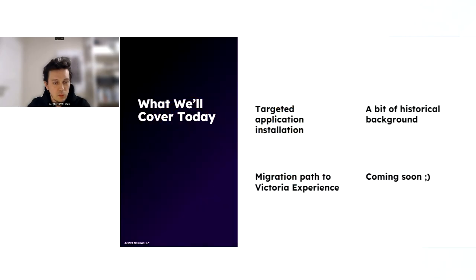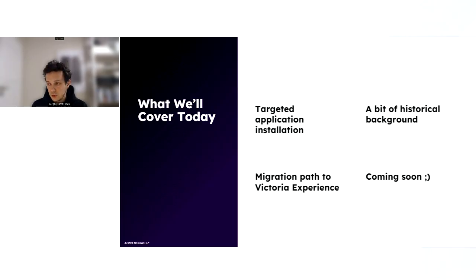The things that we'll cover today are the feature itself and a little bit of historical background as to why we are building this, what's the story behind this feature being built. We're aware that it's a blocker for many of our customers migrating to Victoria Experience. So we'll talk a little bit about the migration path, what you can do to migrate, and how that maps to the whole migration experience.